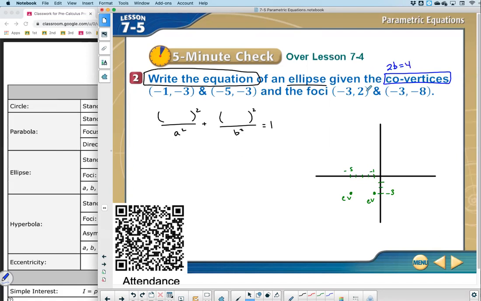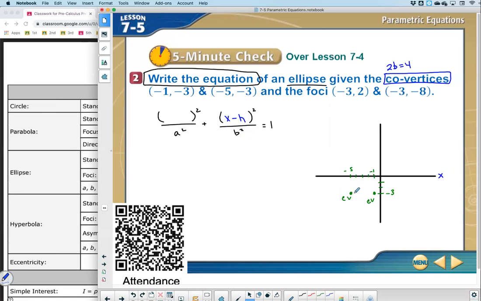Now something that's very important is that our co-vertices deal with the letter b, just like this fraction here deals with b squared. Since this is moving left and right along the x-axis, my parentheses in the numerator is going to have the x minus h on this one. Why?